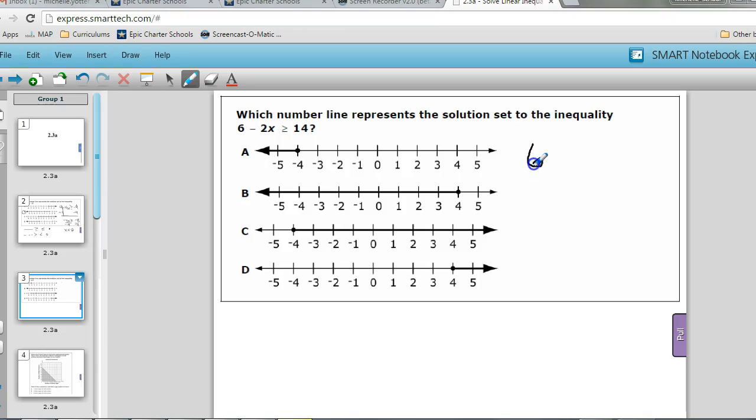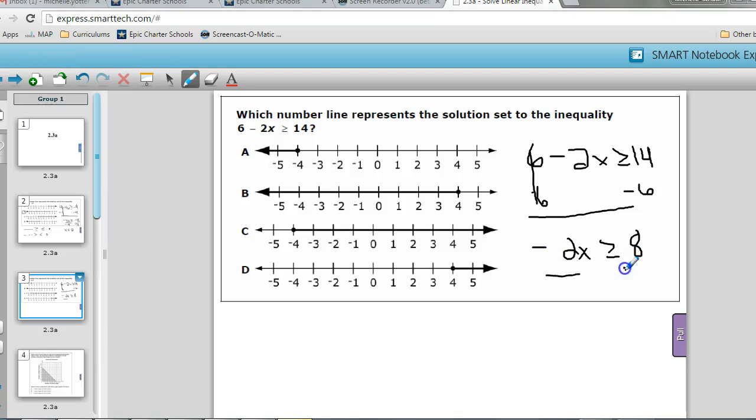Same thing here, we're going to have to solve it. Subtract 6 from both sides. Negative 2x is greater than or equal to 8.